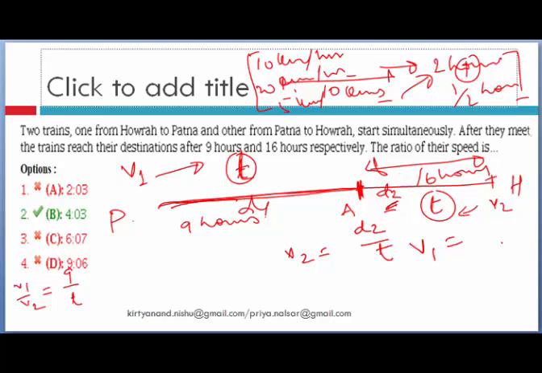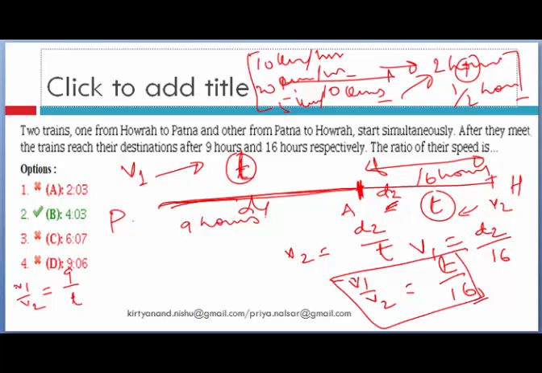Again the distance is d2 only, so we can write it as d2 by 16. So if I have to write v1 by v2, I can write it as t by 16.